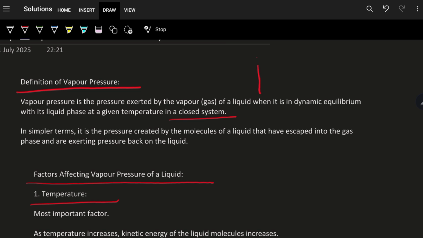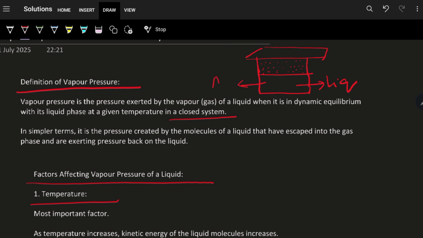It means that if we have a closed system where the vapors are unable to escape, and we have a liquid kept in that container, then above the surface of the liquid there are vapors of the same liquid that we have taken.